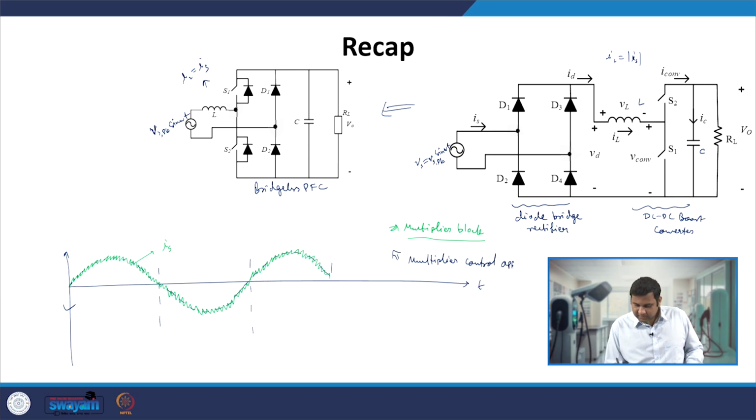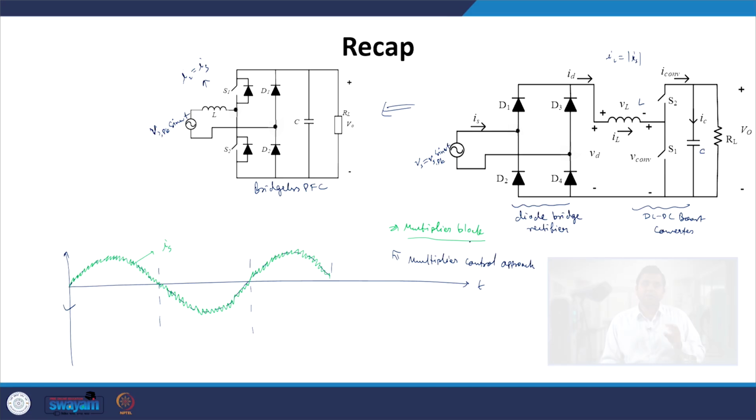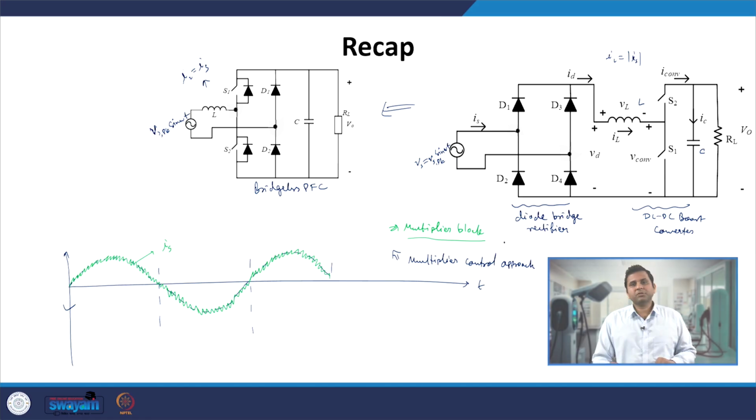where you are sensing sin omega t or modulus of sin omega t, or generating the unit sine wave, and multiplying it with the output of the voltage controller block. Along with this multiplier block, there is one more problematic case, which is the generation of that unit sine omega t.